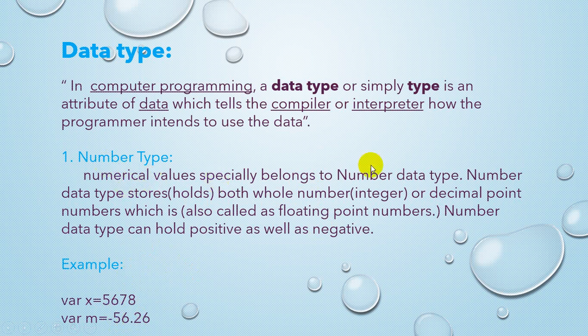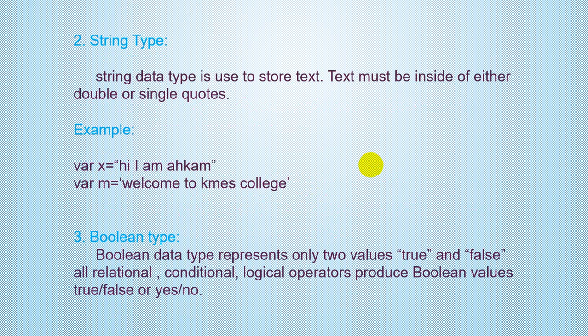Now next we have the string data type. At the start of my lecture I told you a collection of characters is called a string. If you have only one character, for example S, it is a character. But if it becomes more than one character, for example ST, then ST is more than one character, so ST becomes a string.